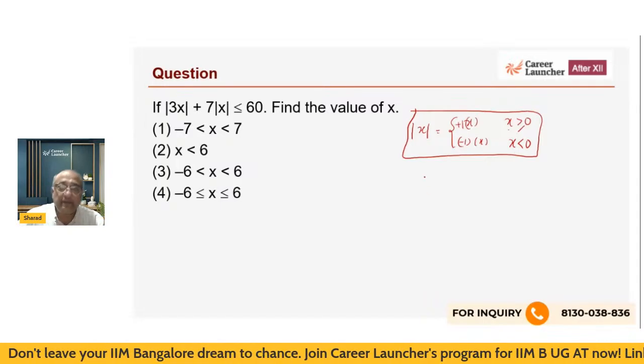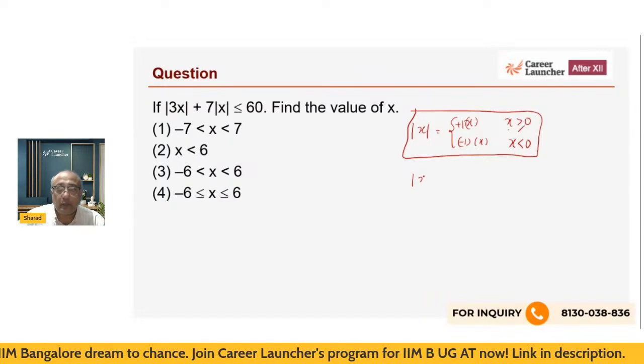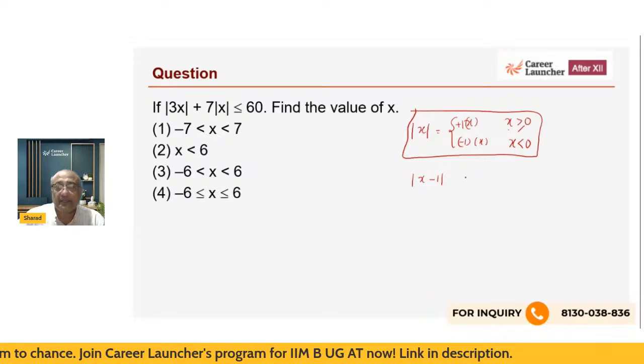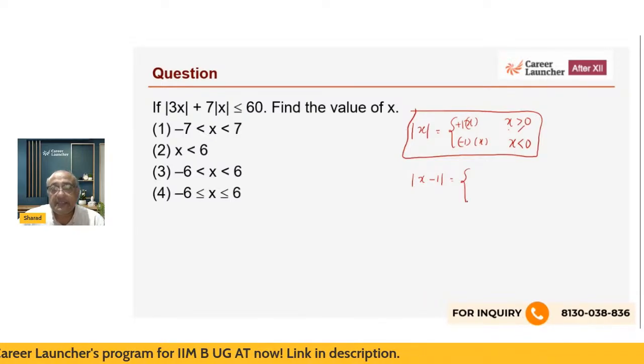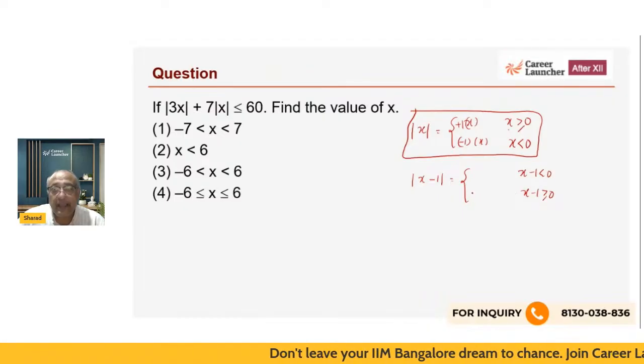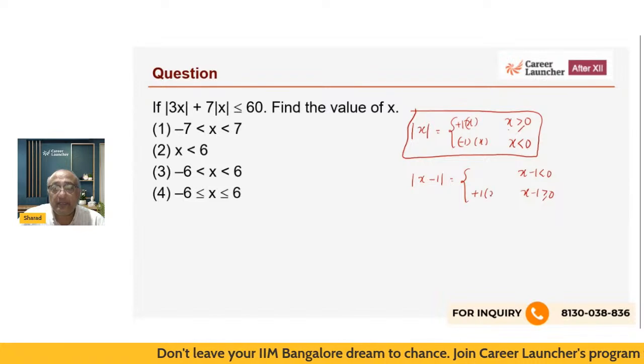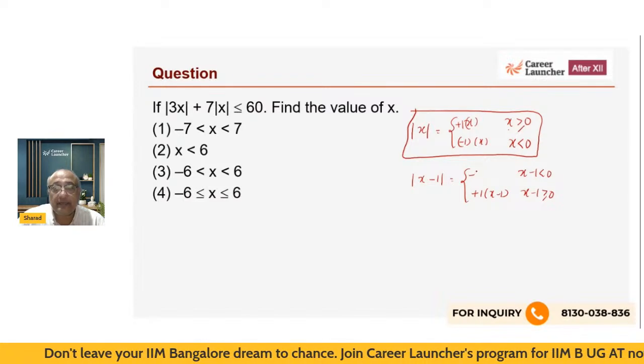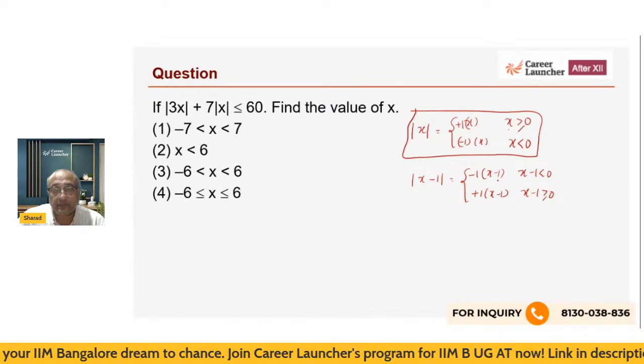So let me give one more example and we'll talk about this question. Let's say x minus 1 is given. This has two cases: one when x minus 1 is less than 0, and the other when x minus 1 is greater than or equal to 0. Can you guess? Plus 1 I'll multiply with x minus 1, and minus 1 I'll multiply with x minus 1.